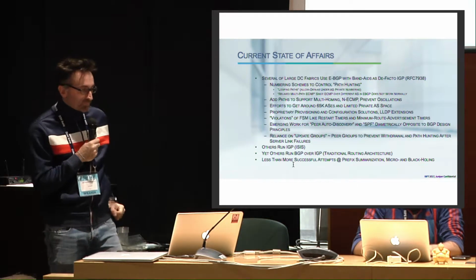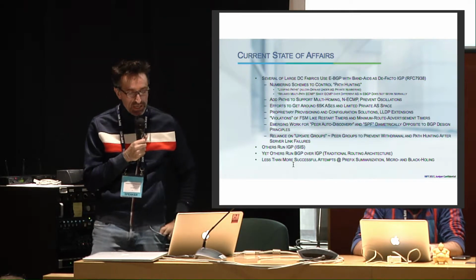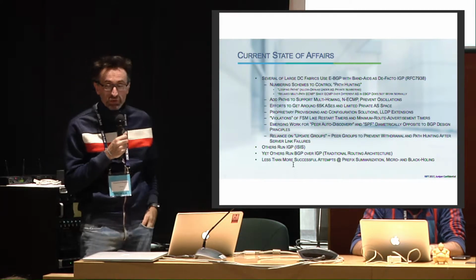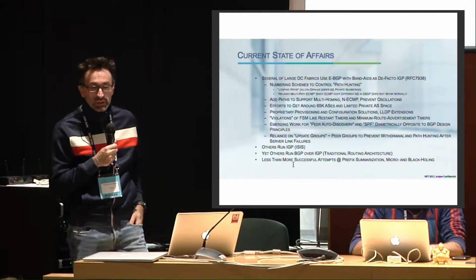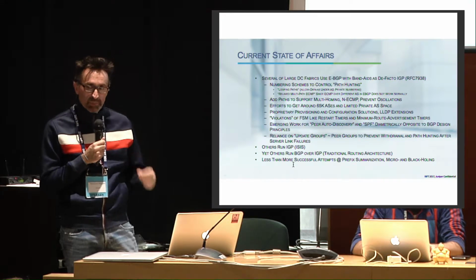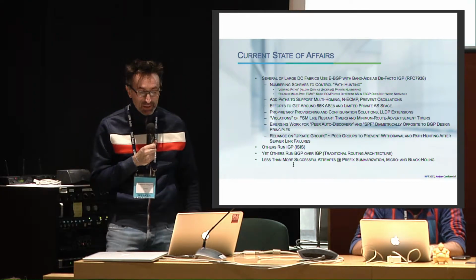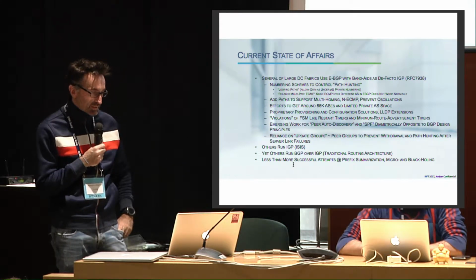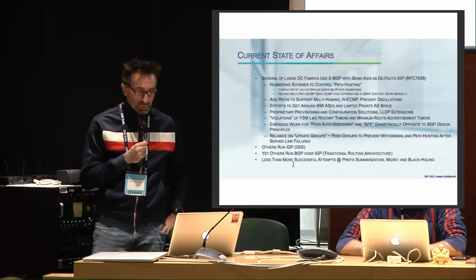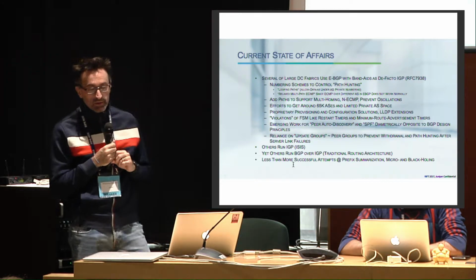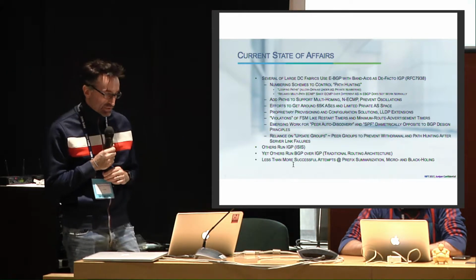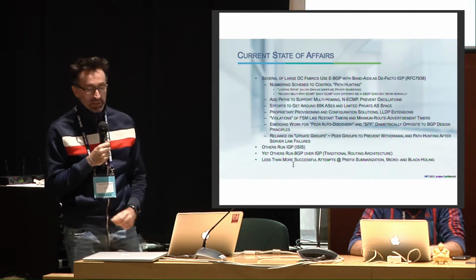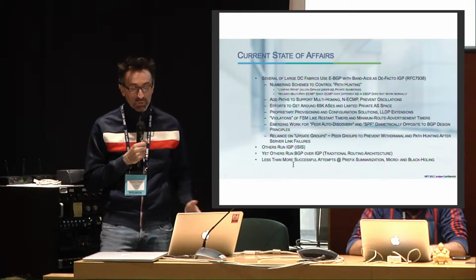Where are we now? We know that in several large DC fabrics, there are a lot of implementations that use eBGP with some patches or band-aids, or IGP with band-aids as well. And both of these approaches can have challenges. For instance, if we think about BGP, then ECMP is not that straightforward.